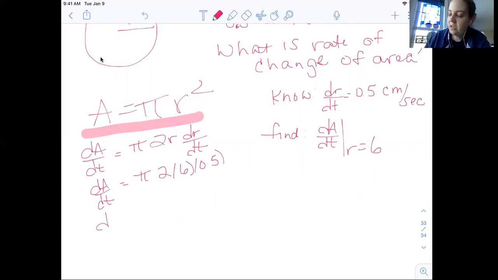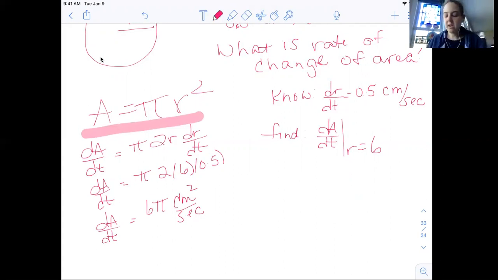So the rate of change of the area with respect to time is 6 pi inches squared per second. I guess centimeters, not inches. Okay, my units confused here. Centimeters squared per second. There we go.